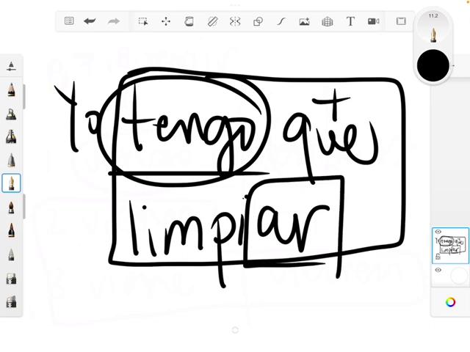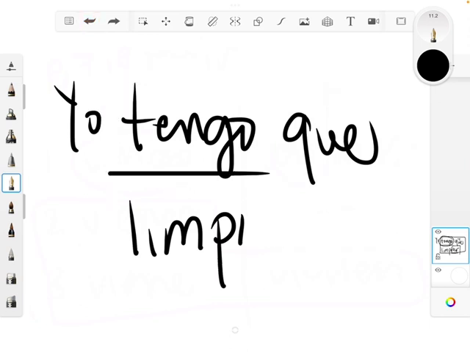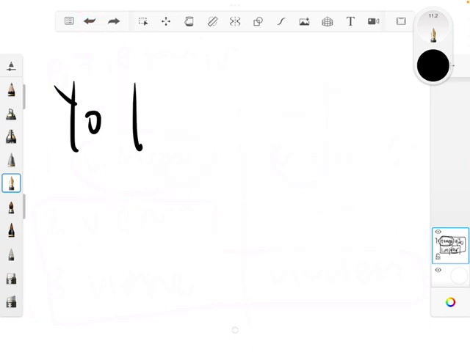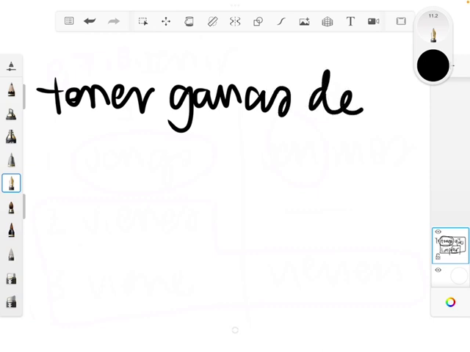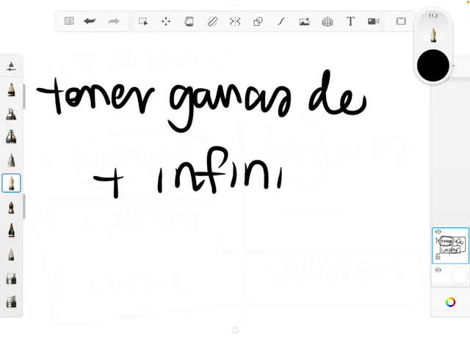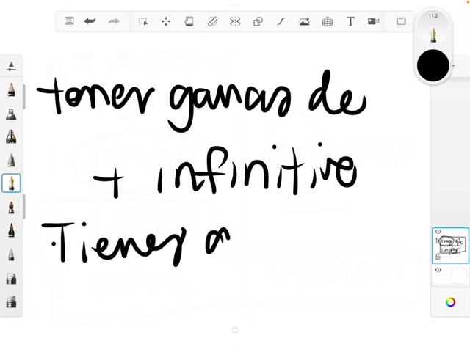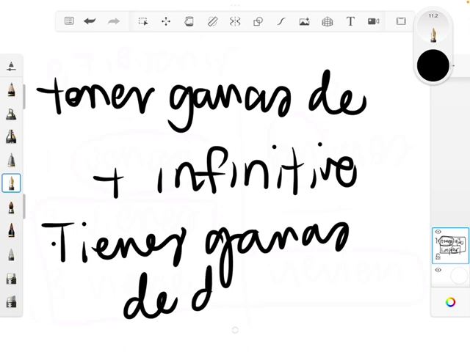Now, to ask people if they feel like doing something, you can use the phrase tener ganas de plus the infinitive. So, tienes ganas de dormir?